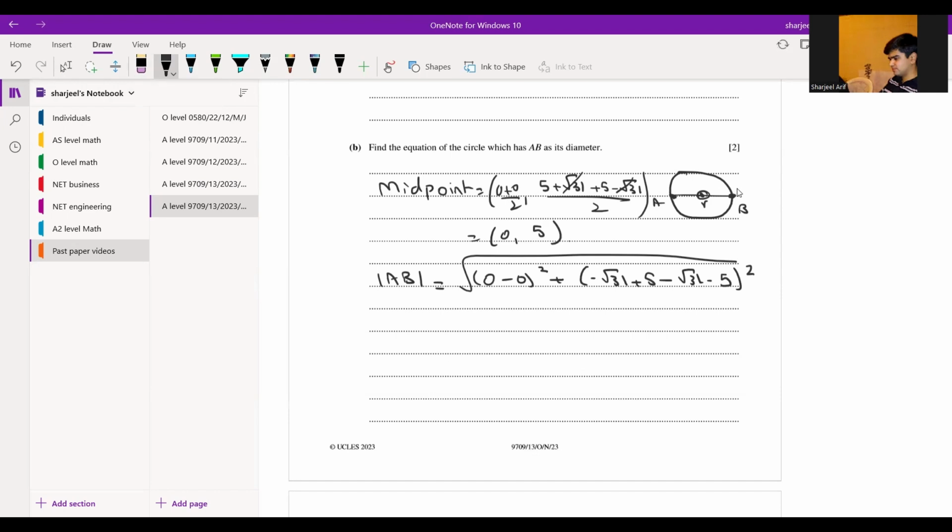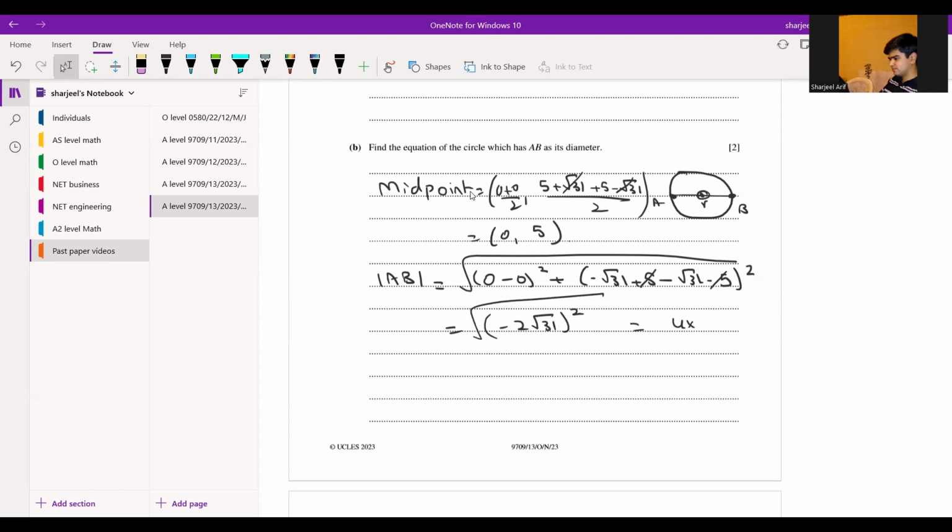So this will become (-2√31)² under the square root.